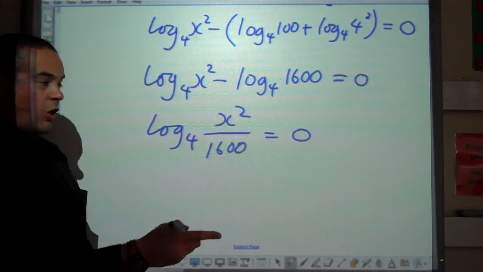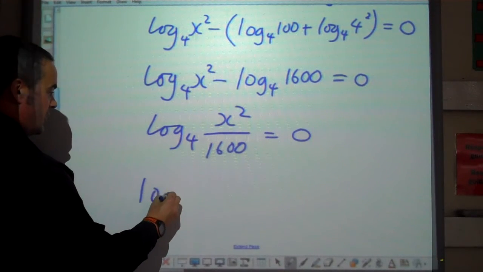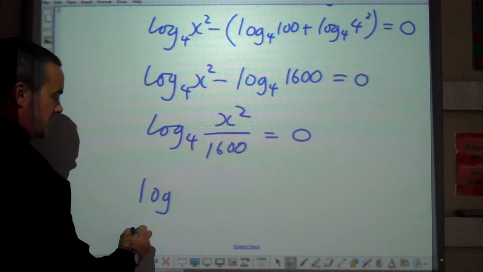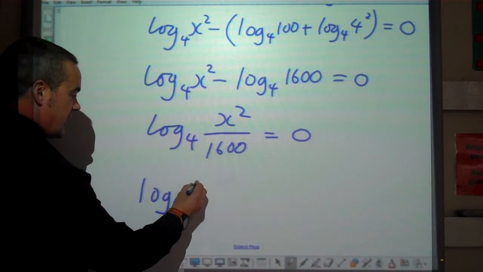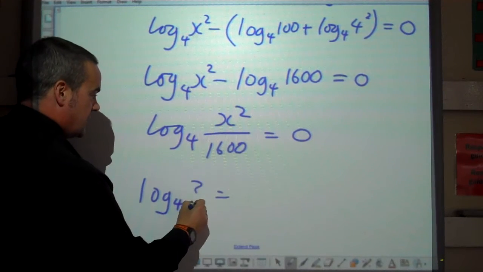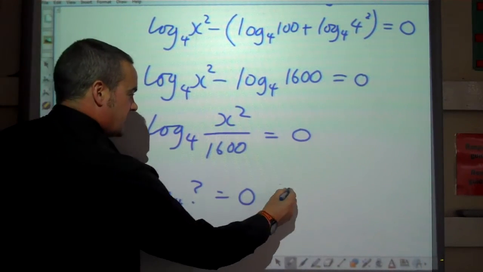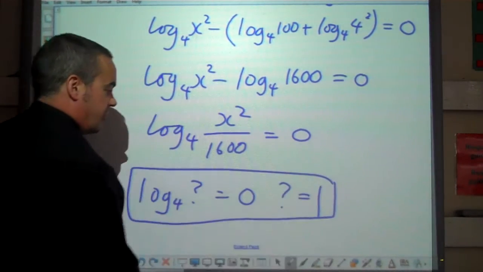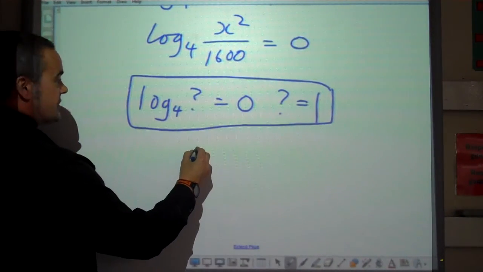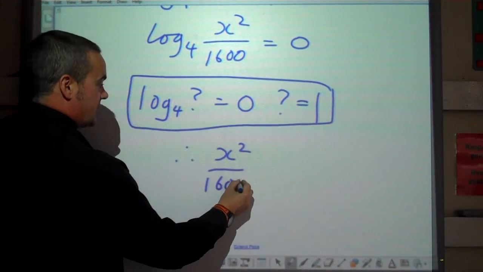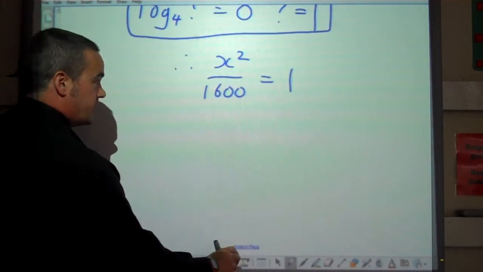Now, for all logs, the value here which is equal to 0, this question mark is always equal to 1, and that's always the same for all logs. And so therefore I can say that x squared over 1,600 is equal to 1.